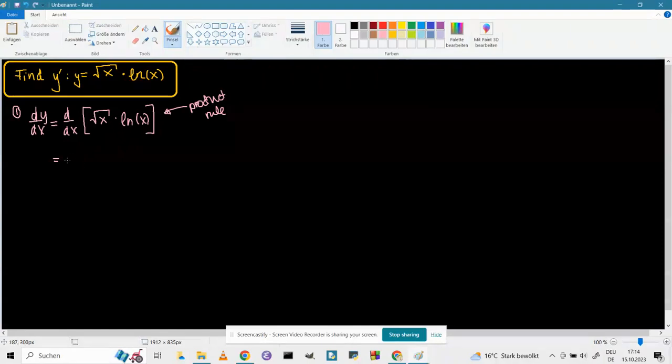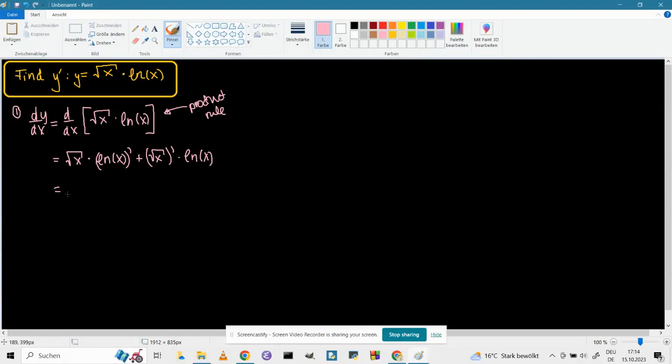Okay, so we're going to take the square root of x times ln of x prime plus square root of x prime times ln of x. The first derivative isn't going to be too bad. The second derivative gets a little bit harder, but mostly what's difficult about this problem is simplifying it correctly.